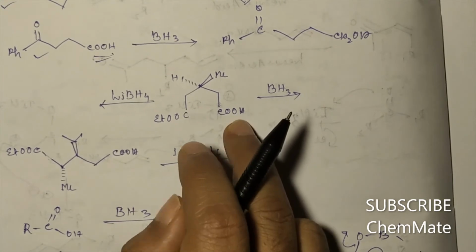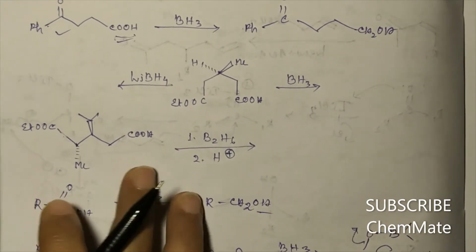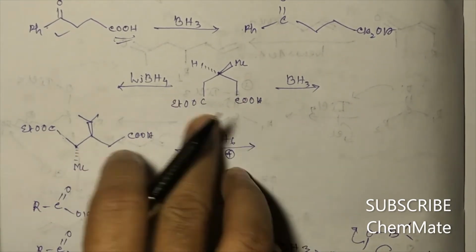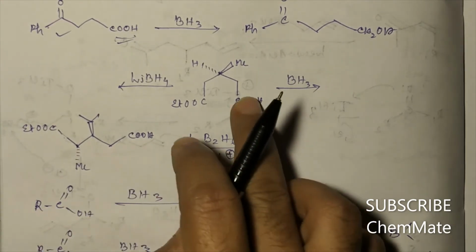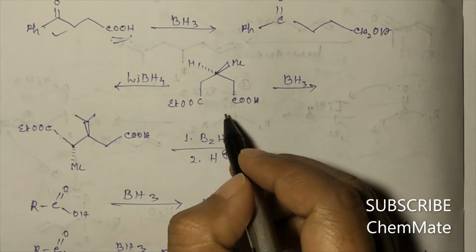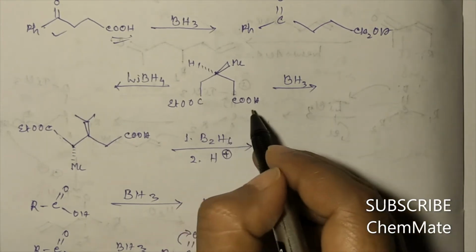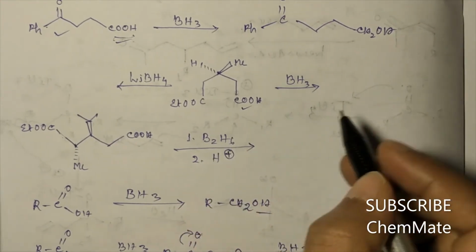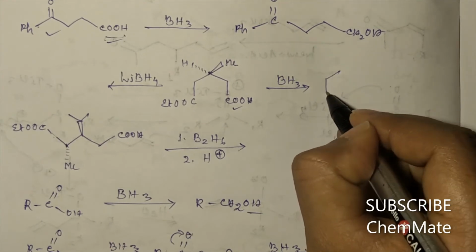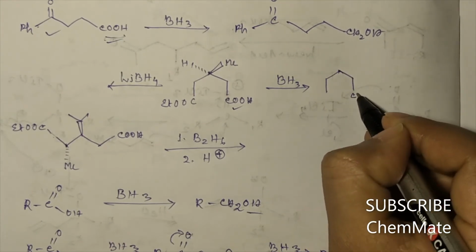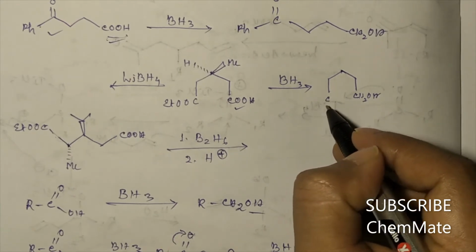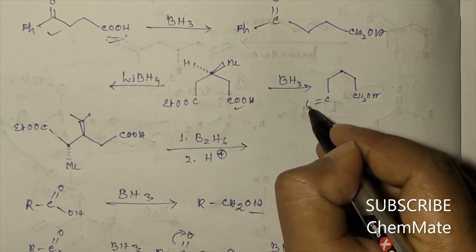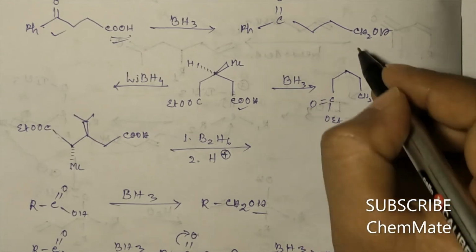Now this reaction is a very important question, which came in the GATE exam. Also this question came in the GATE exam. So here if it is treated with BH3, as you can see, this group will be reduced, so it will be converted to CH2OH, and it will remain the ester.